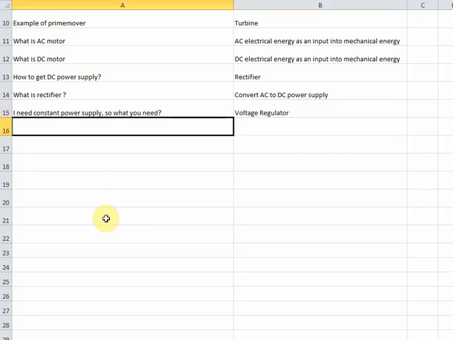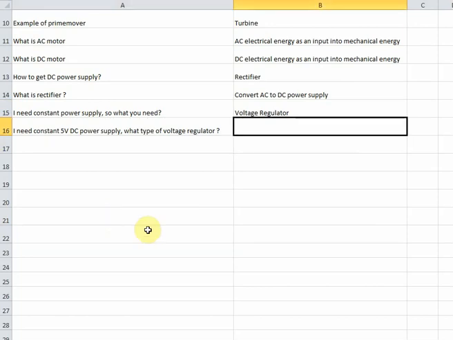For example, I need a constant 5 volt DC power supply. What type of voltage regulator is needed? DC only. So I need a constant 5 volt DC power supply. What type of voltage regulator is needed? 7805. The 05 denotes 5 volts.